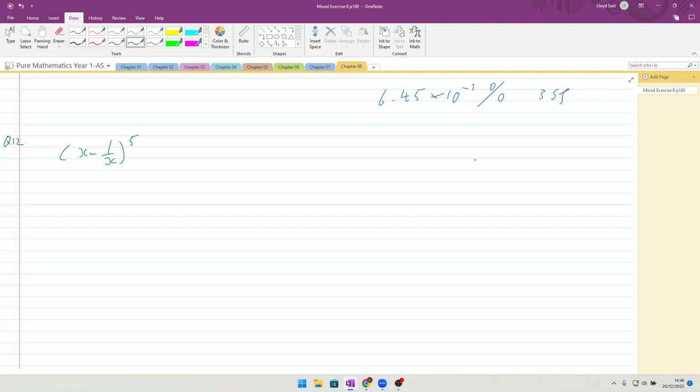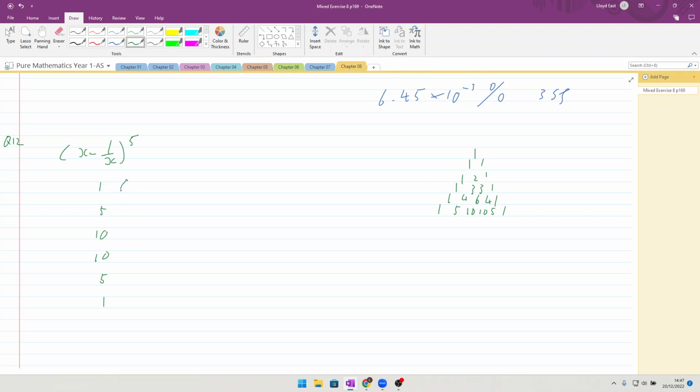Let's have a look at that Pascal triangle again. 1, 1, 1, 1, 2, 1, 1, 3, 3, 1, 1, 4, 6, 4, 1, and now 1, 5, 10, 10, 5, 1. Okay, so expanding this out, we're going to have 1, 5, 10, 10, 5, 1.